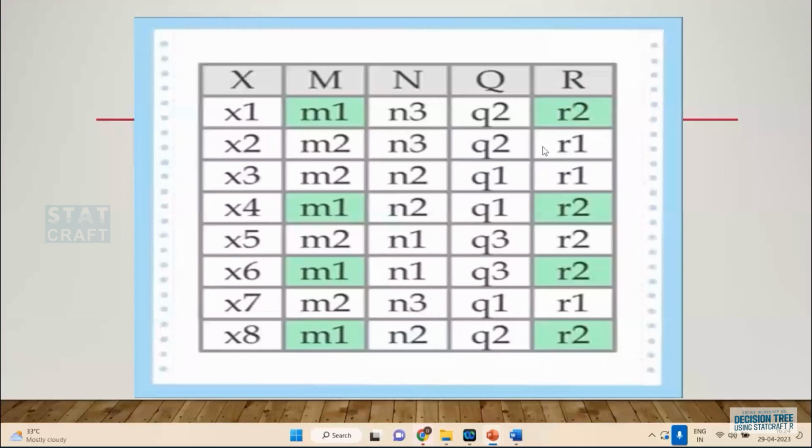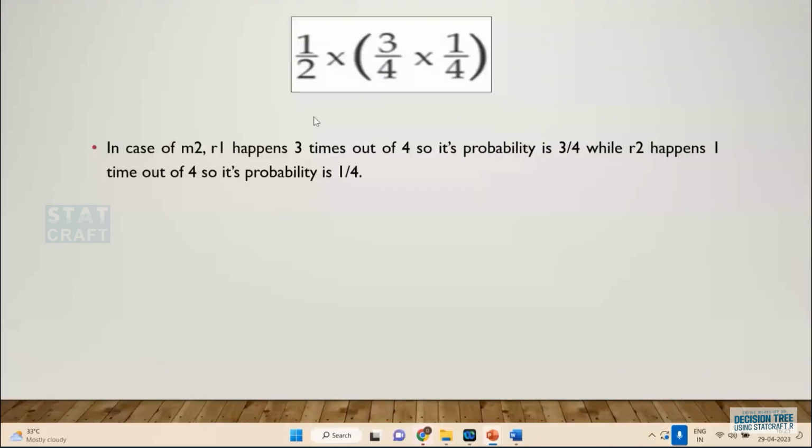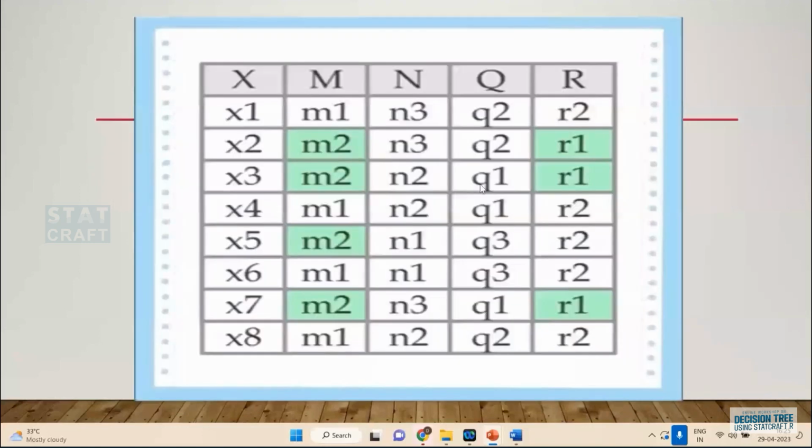Now, let's talk about M2. When M2 is there, see friends, R1 is also occurring and R2 is also occurring in M2, right? In such a scenario, what will happen? In case of M2, R1 happens 3 times out of 4, so its probability is 3 by 4, while R2 happens 1 time, so its probability is 1 by 4.